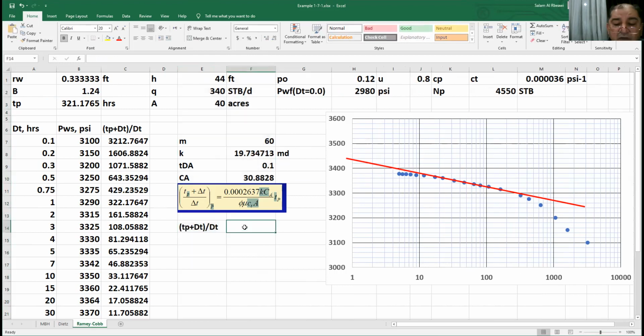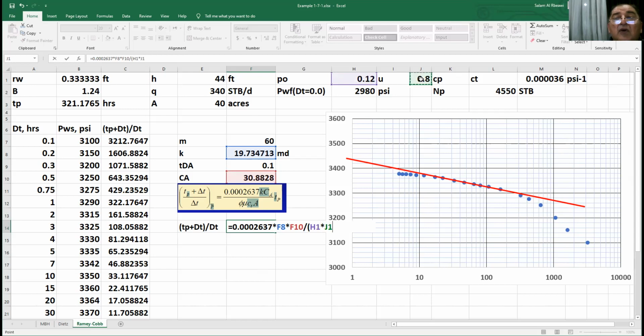So this would be how much? Let us see. This would be 0.0002637 times k, already calculated here, times CA, divided by phi mu ct times A, and be careful, you should use 43,560, and then all times your production time.